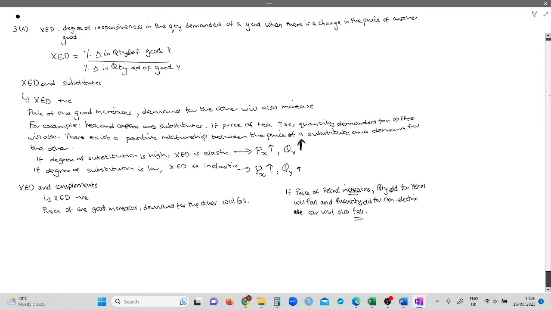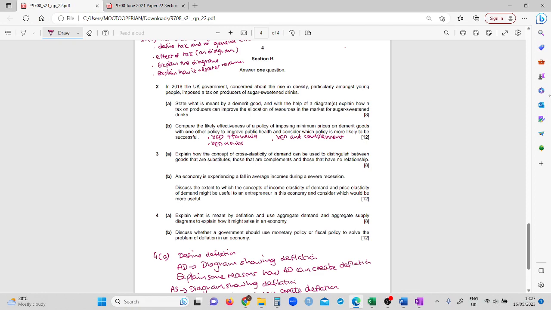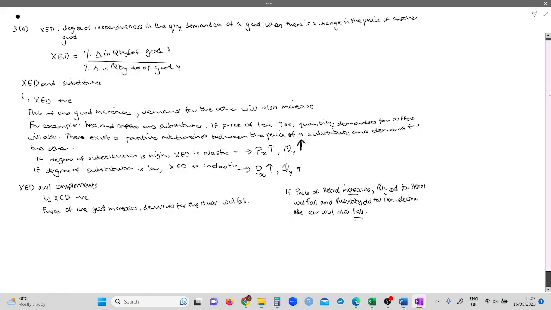So for goods that have no relationship, how was the question asked? That have no relationship, so XCD will be 0. Then we say that demand is perfectly cross-inelastic.